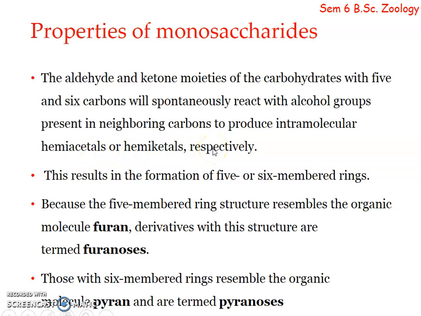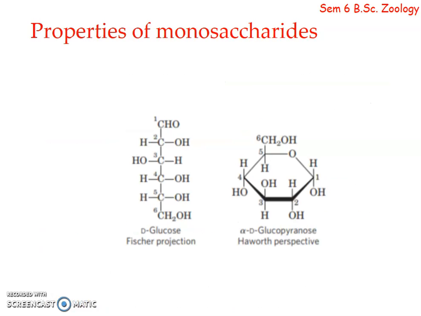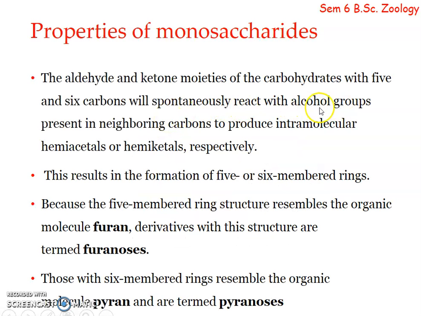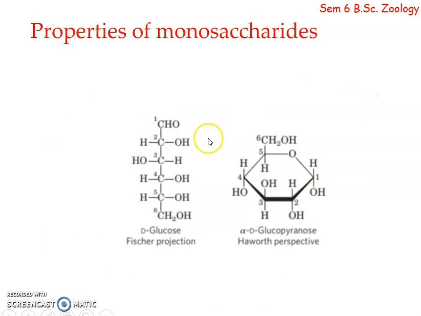Put in another way, in the 5-carbon and 6-carbon monosaccharides, that is pentoses and hexoses, the aldehyde group in the case of aldoses and the ketone group in the case of ketoses react with the alcohol groups present on the neighboring carbons. You can see the hydroxyl groups are there; these are the alcohol groups.